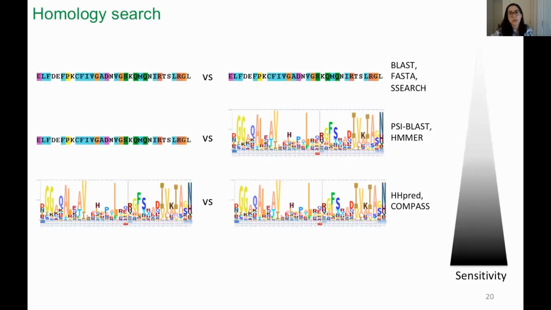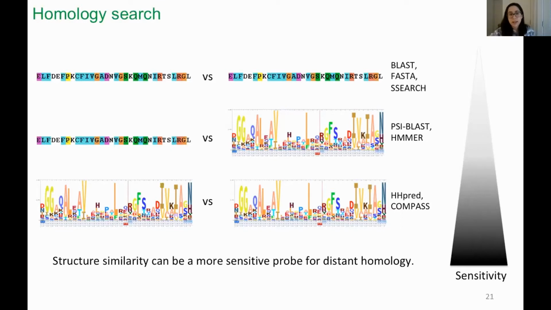So for homology search, we usually use sequence-based approaches, and they can be sequence versus sequence, sequence versus profile, or profile versus profile. And if you are here, you probably ask, okay, but I'm interested in using protein structure to uncover these relationships.